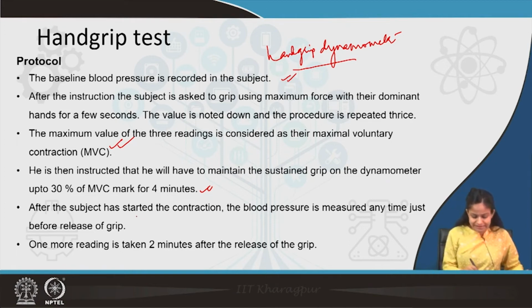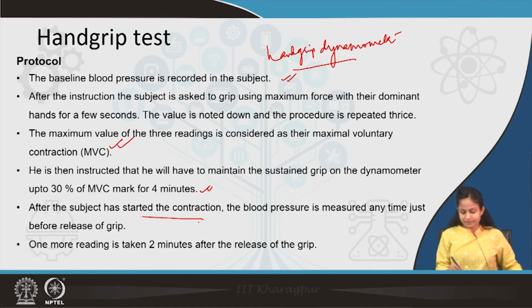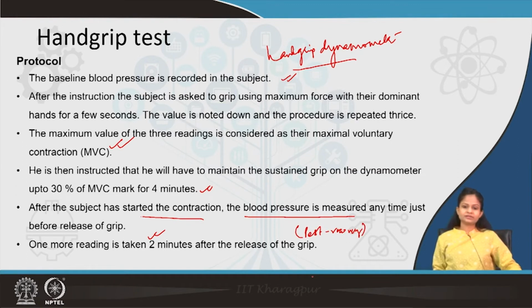So, after the subject has started the contraction, the blood pressure is measured anytime just before the release of the grip, and again the reading is taken 2 minutes after the release of the grip. This is nothing but the post recovery we want to see. For every autonomic function test, it is not that we will only take the recording before the test and during the test.